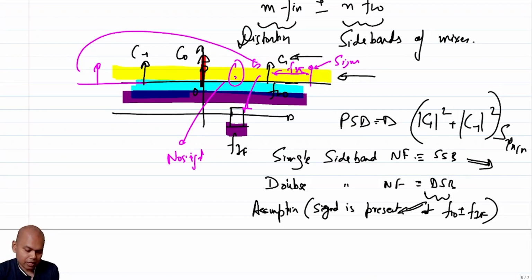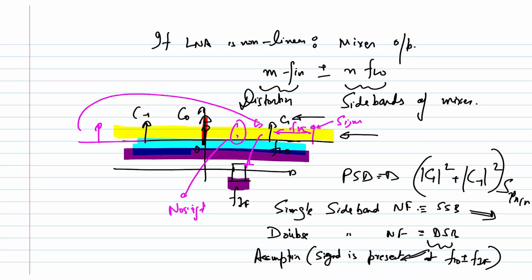In the SSB case the assumption is that the signal is only present at FLO plus IF or FLO minus IF. So that is why your SSB noise figure is generally 3 dB higher than the DSB noise figure. Okay.